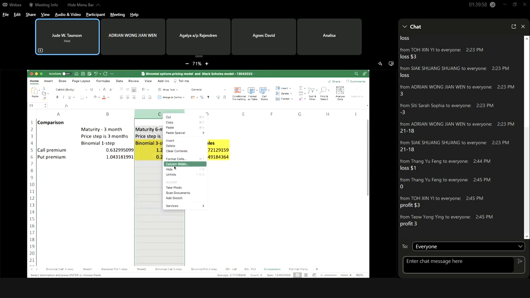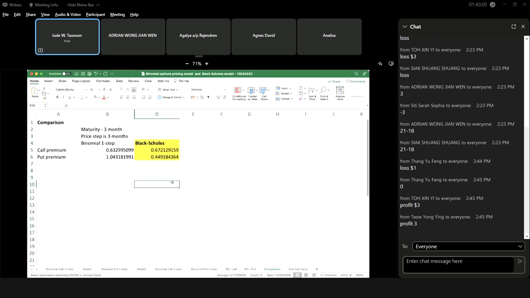Let me hide this one. Look, this is what we have calculated. This one is the call premium, one step, right? Under binomial, this is the amount. Using Black-Scholes, we get 0.67, almost similar, right? For put premium, where is this figure from? This figure is from the binomial one step.